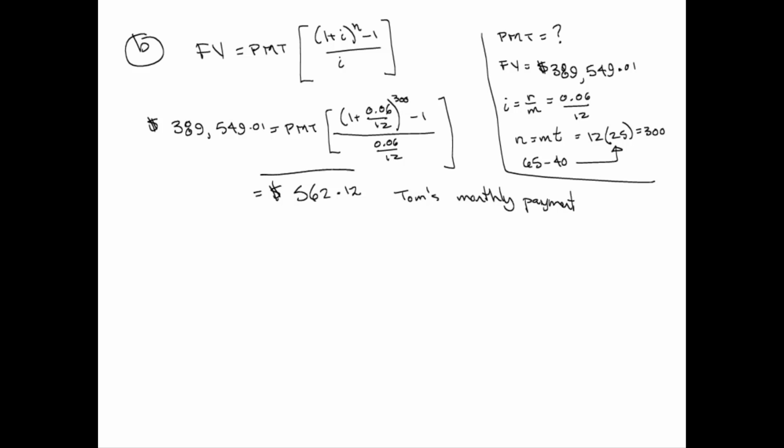Let's just do a very quick comparison. Joe made 180 payments of $300. So he made $54,000 in payments.